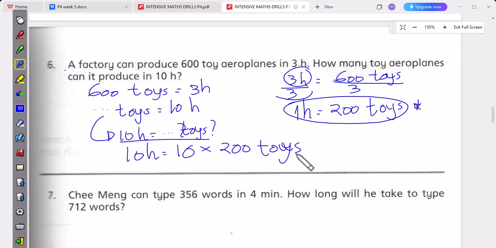Since in 1 hour they can produce 200 toys, so 10 hours is 10 times 200, and the final result must be 2000 toys.